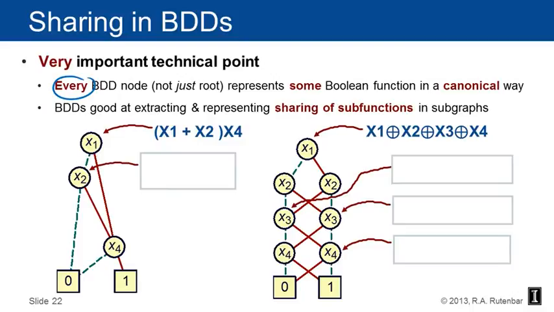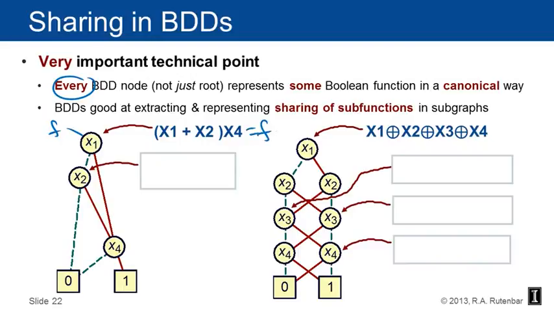But every node inside the BDD is the root of some subgraph, and every single one of those represents some other function, even if you didn't want it, even if you didn't try to create it, it just happens.